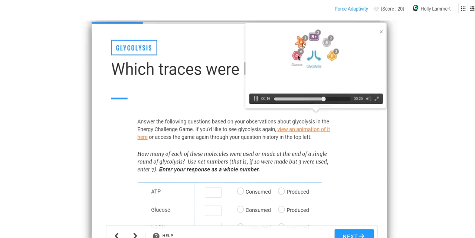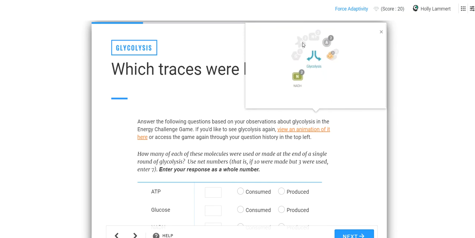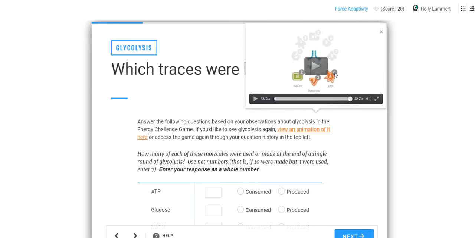We put in 2 ATP. And we got out 4 ATP. Did you see that? Let's go to the end. Let's pause. 4 right there. So if we put 2 in and we got 4 out, how many total did we get? 2 that were produced.